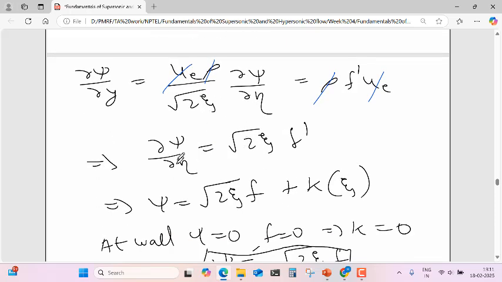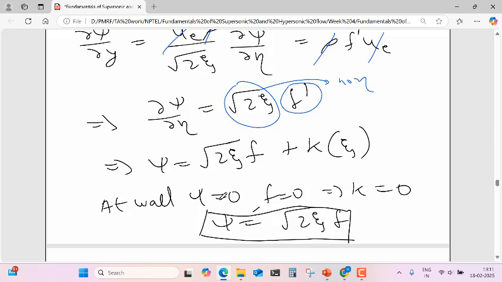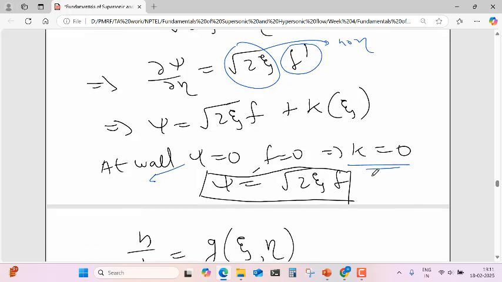If we integrate it, then this is independent of eta, and this term is a derivative of eta only. So we will get under root 2 xi f plus one constant which is a function of xi. At wall psi will be 0 because at wall there will be a streamline, and f will be 0 because v is equal to 0, and so we will get k equal to 0 also. So psi equal to under root 2 xi f.